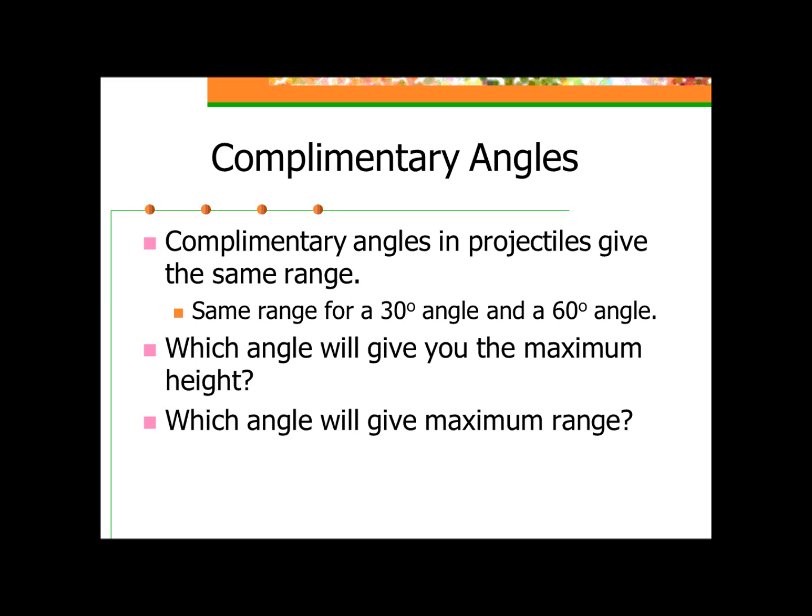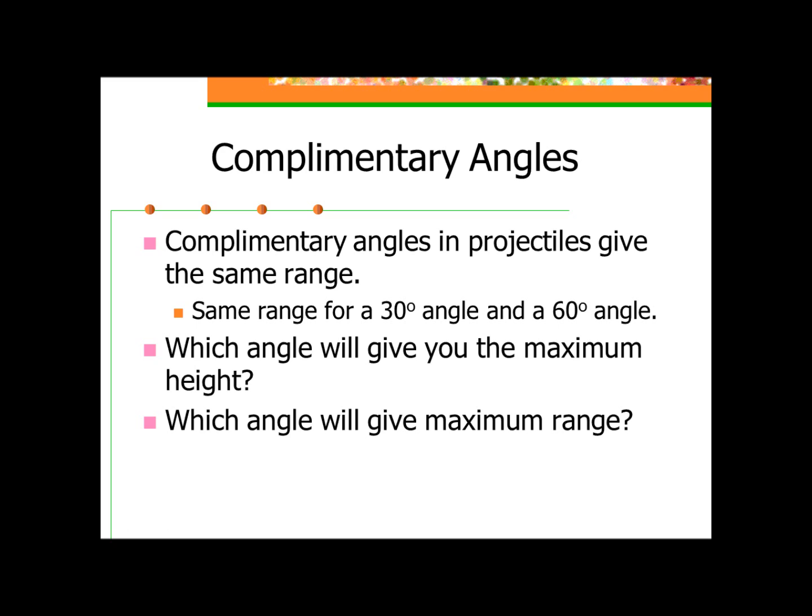So which angle will give maximum range? Well, that's what's really interesting: the closer your complementary angles are to each other, the further out it'll go. Remember, range is the horizontal distance. For example, 90 degrees goes straight up. Its complement is 0, so they're both going to hit right where they started.